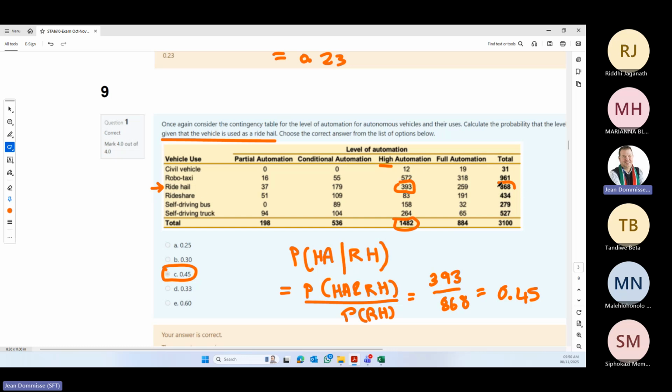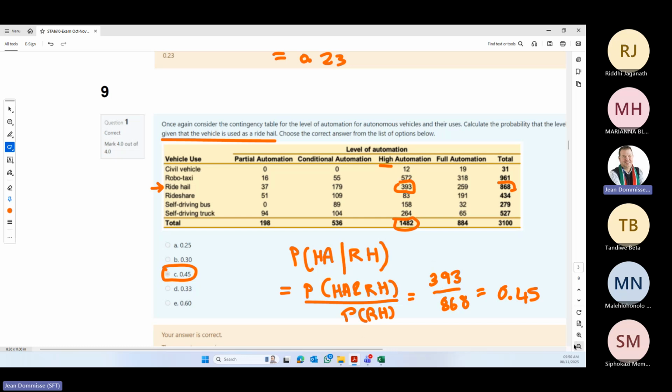So it's divided by 868, which gives you 0.45. If you said 393 divided by 1482, it was actually 0.27, so that wouldn't have been an answer. Okay, not too bad then.